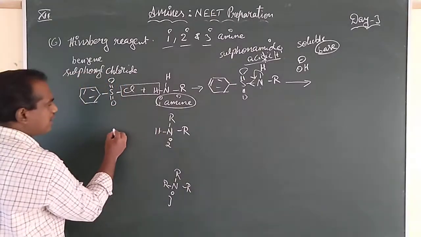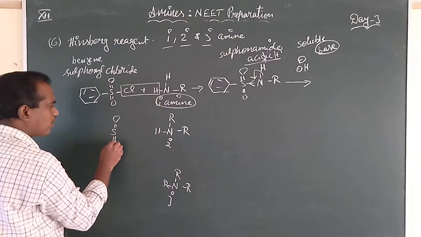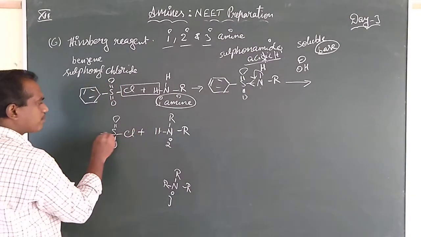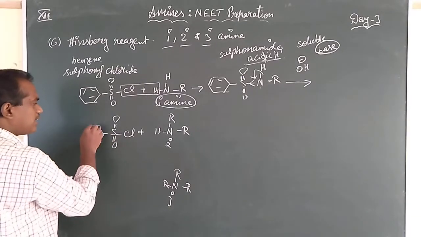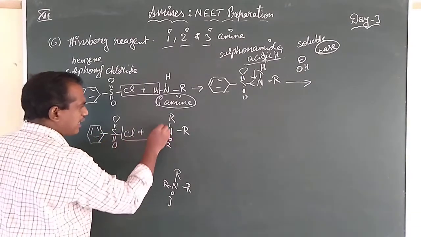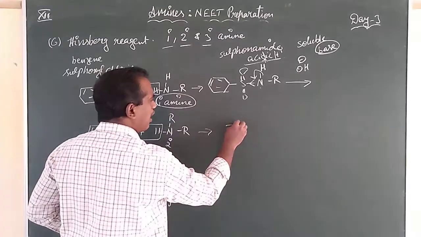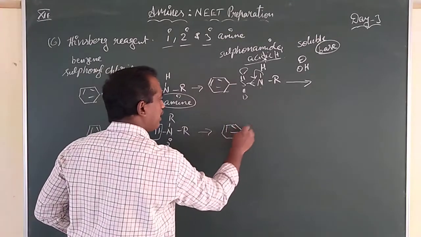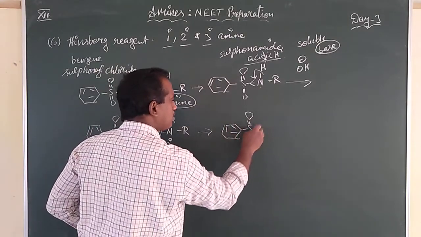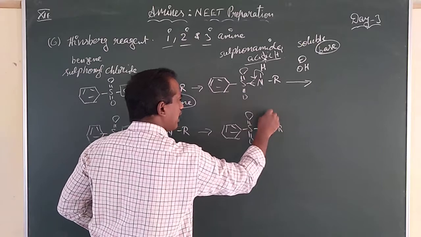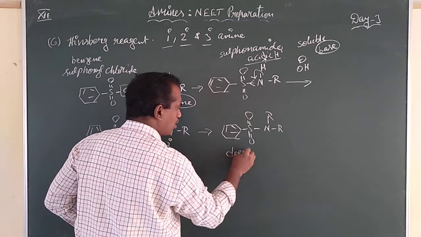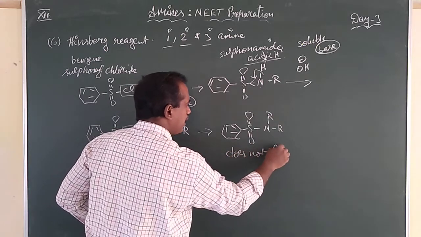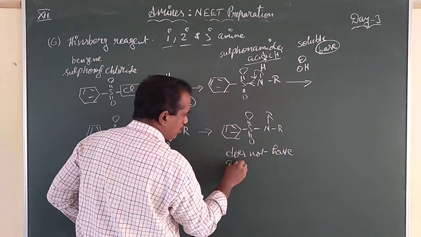But if you react the benzene sulfonyl chloride with a secondary amine, the intermediate formed here does not have any acidic hydrogen.